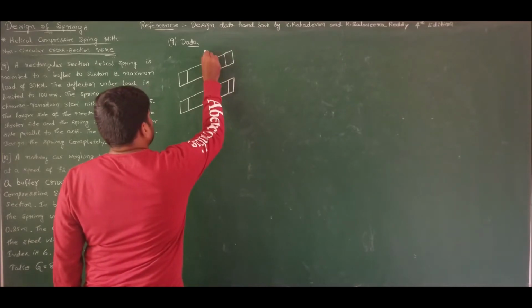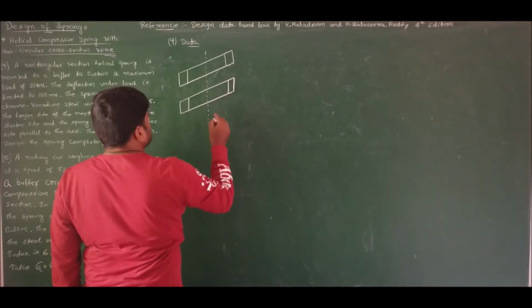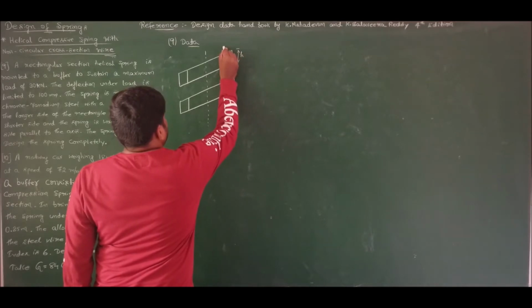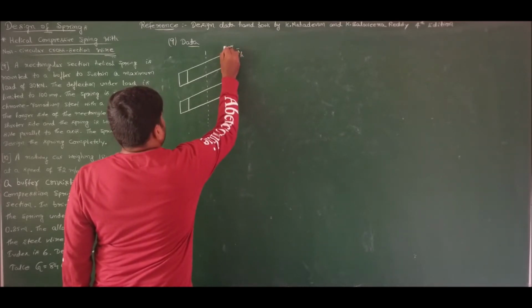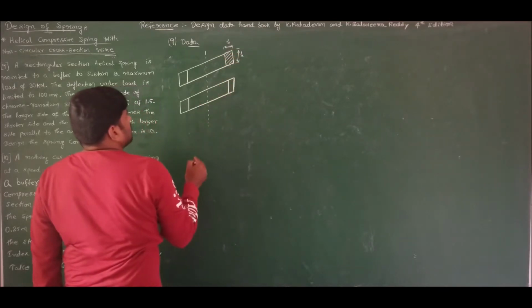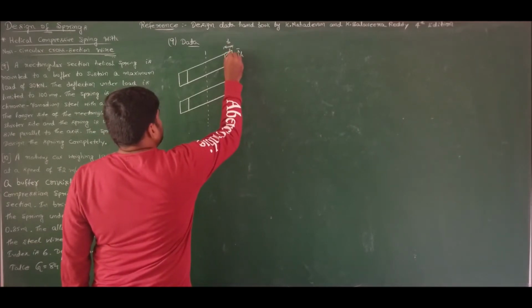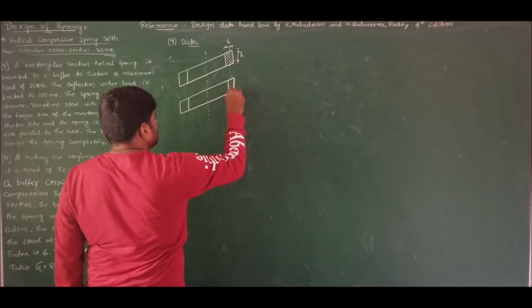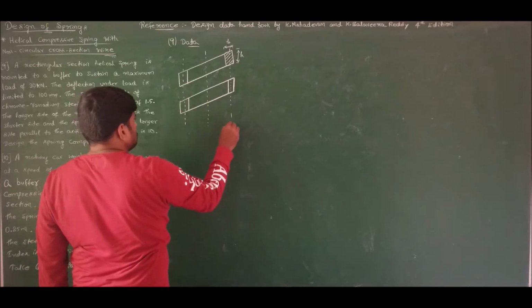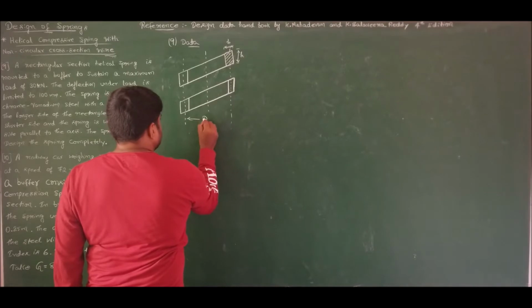Let us have the axis of the helical coil. Let the longer side be H and the shorter side be denoted by small b. So we have the rectangular cross section where H is greater than b, and let us also mark the mean diameter of the coils, the mean diameter D.